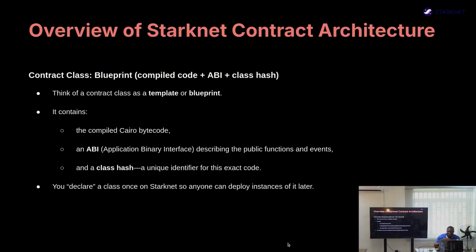Before you deploy a contract, you need to declare it. For those of us that have written Cairo smart contracts, it's not like Solidity contracts, where you just write it, compile it and deploy it. In Cairo, you need to declare the contract class before you can deploy it.